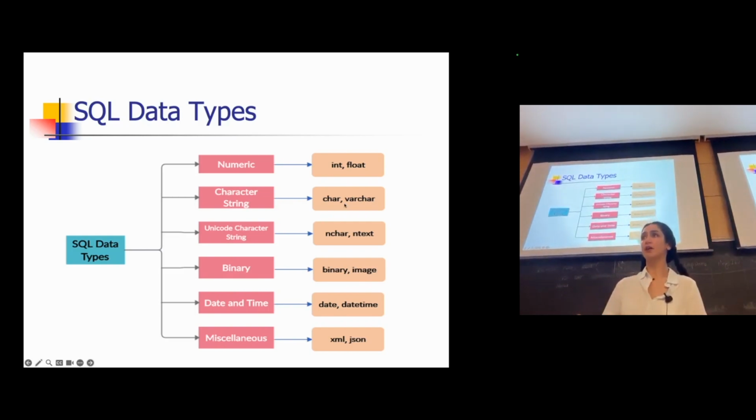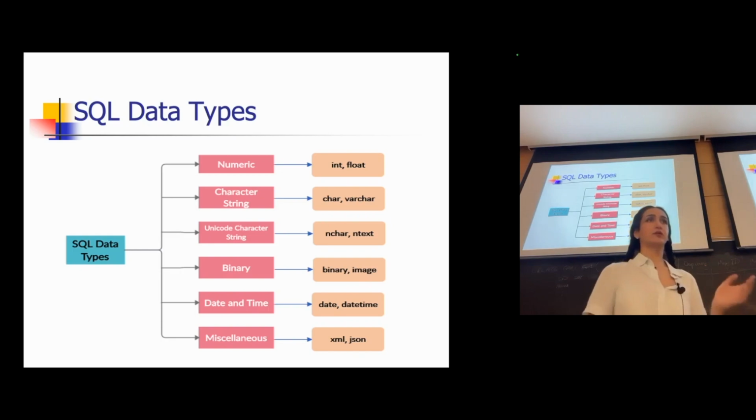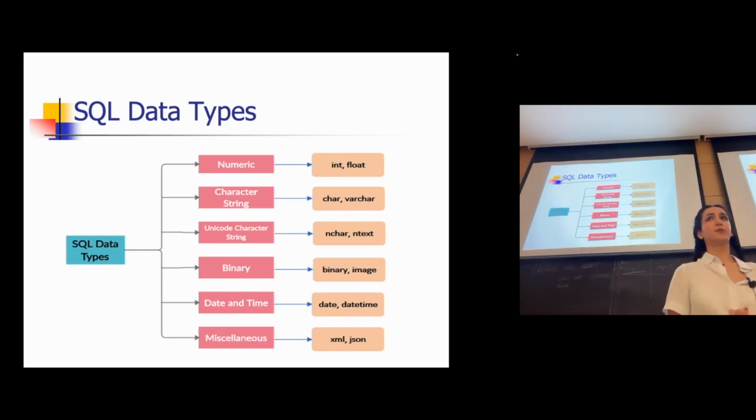And char and varchar are used if you have textual and numerical information combined. For example, a product number, I don't know, M1234, something like that. The difference is you use char for a fixed number of characters.